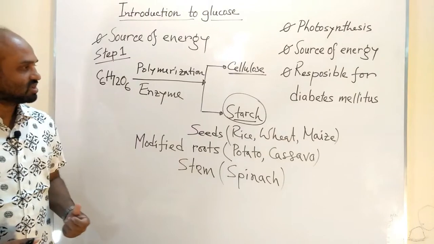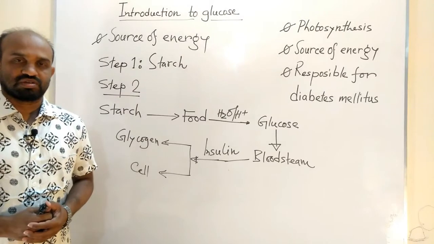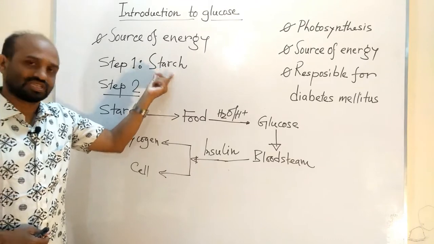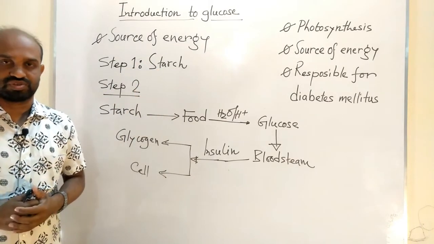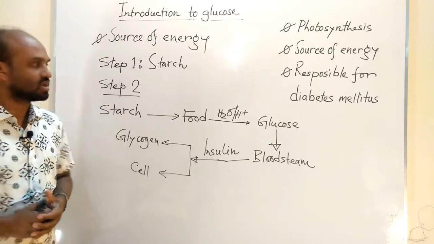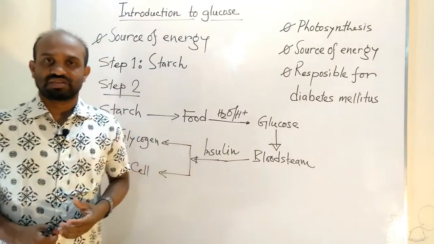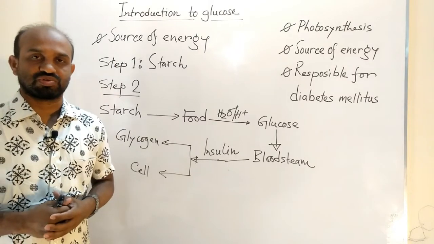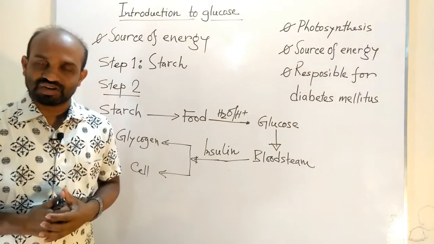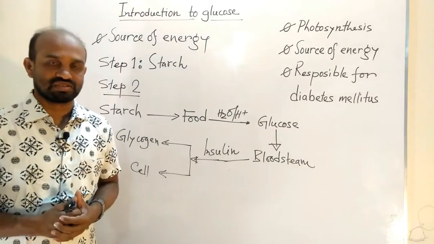Okay, dear students, we will see the next step of glucose. From the first step we got starch that is present in different kinds of foods like seeds, modified roots, and in stem. If this starch is taken as food, then digestion starts from our mouth, then stomach, then small intestine, then large intestine, in presence of stomach acid, that is, acidic hydrolysis takes place.